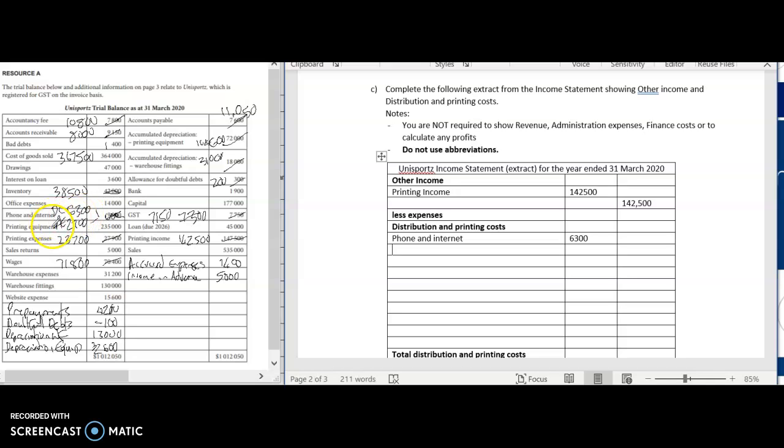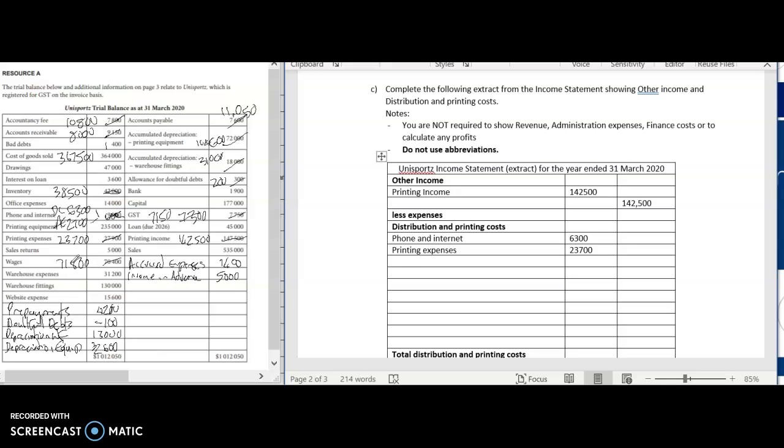Printing equipment and assets, so not that one. Printing expenses, definitely we want that. Again, get that satisfaction because it's a changed figure. That means that you are going to get a merit or excellence grade as part of the calculation there. The sales returns, we've done that one. The wages in the question, remember it said it had about those people who were part-time wages that were distributing and printing.